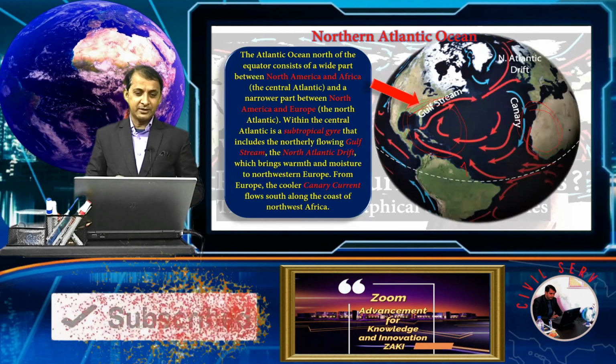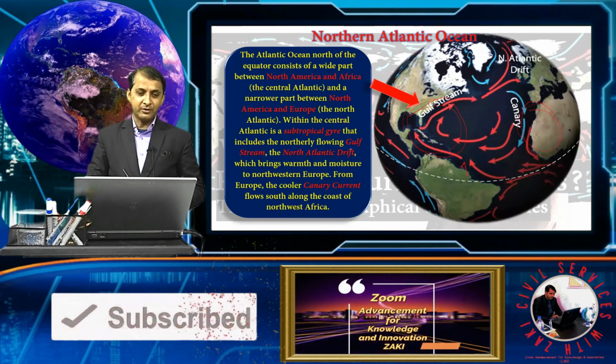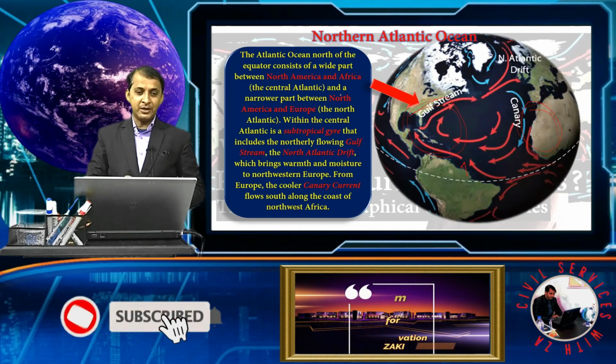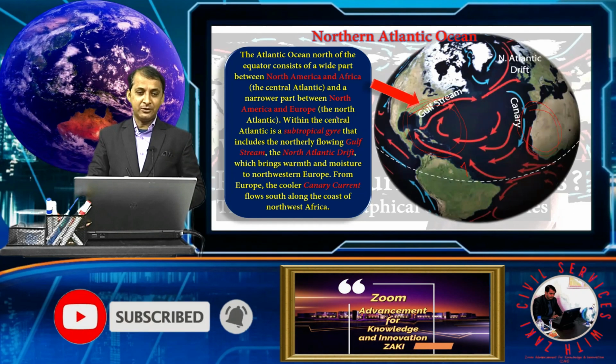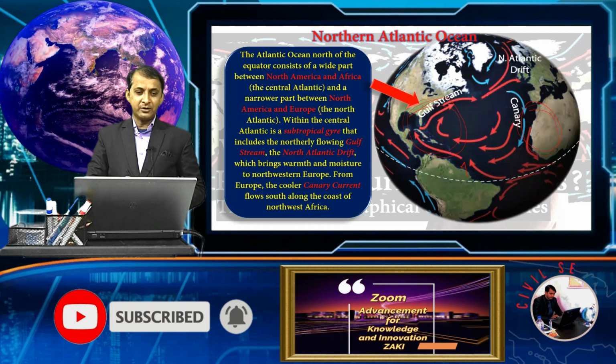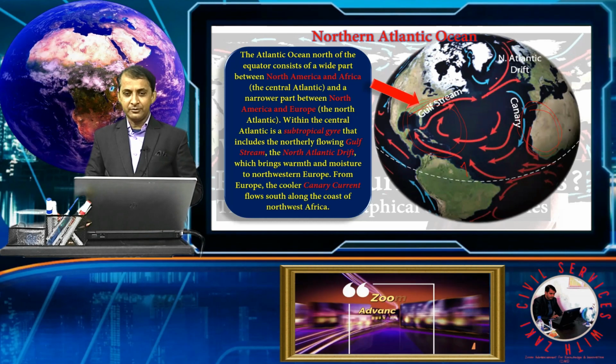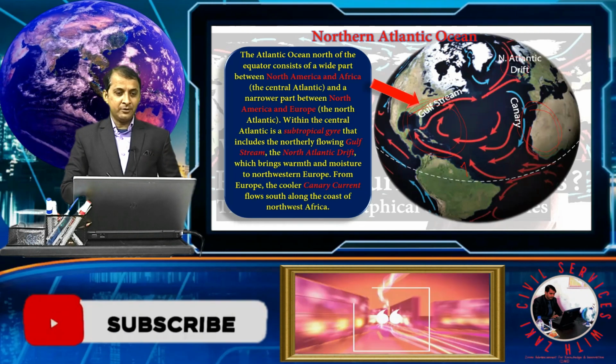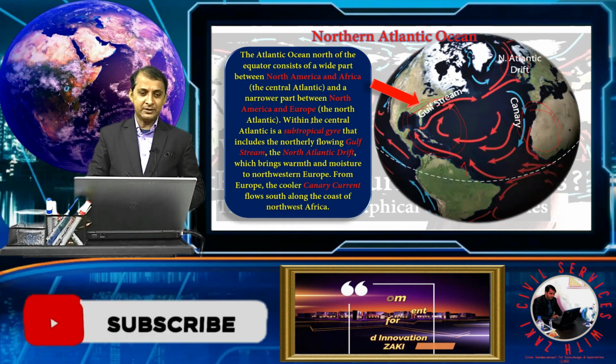The central Atlantic subtropical gyre induces the northerly Gulf Stream and the North Atlantic current, north of America and Europe. So this is the North Atlantic.